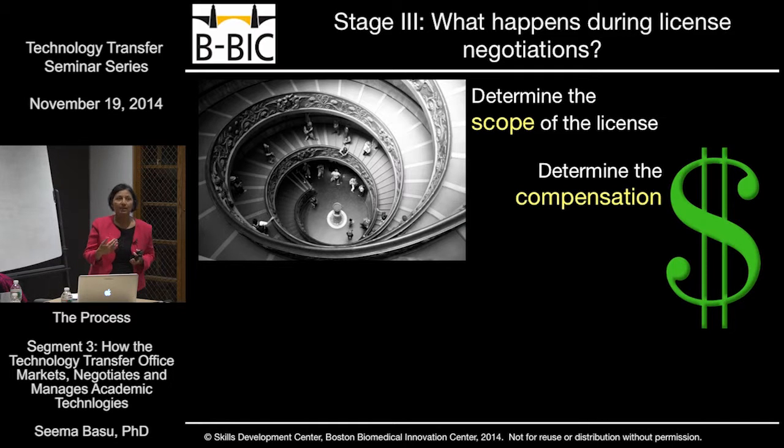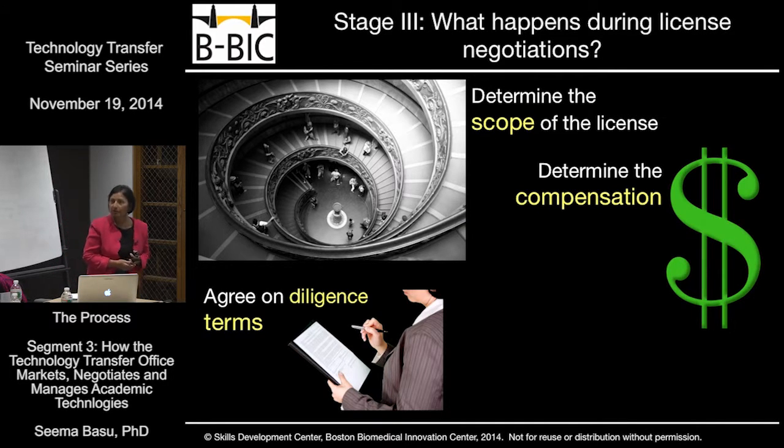Milestone payments may be structured based on the technology, for example, upon first filing of the IND or first approval of the drug, etc. And then, of course, royalty on sales of products. Sometimes when it's startup companies, equity may be a component of the financial consideration.